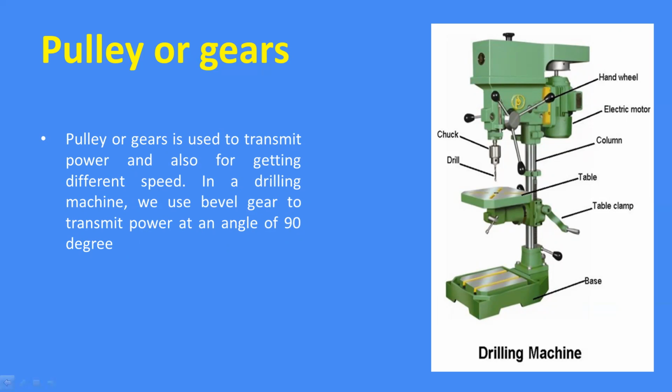As we have already discussed in the previous slide, from the motor, the motion has to be converted into a straight line motion. For this conversion, we pass through different steps, and the pulley or the gears is one of the steps, used to transmit the power for getting different speeds.